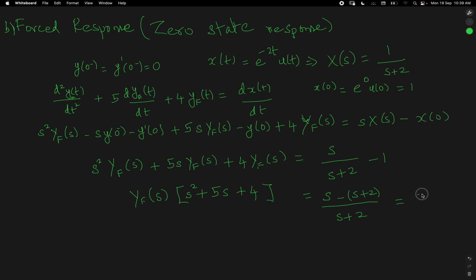Then it will be −2/(s + 2), because when we are multiplying with the negative sign, that −s and +s will get cancelled, only −2 will be available in the numerator.